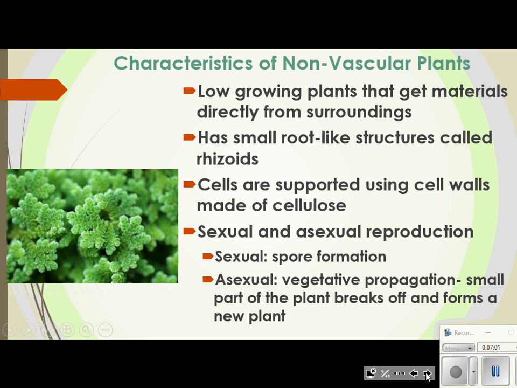And the asexual reproduction, we talked a little bit about this yesterday, is vegetative propagation, where you break off a small part of the plant and it forms a new plant.